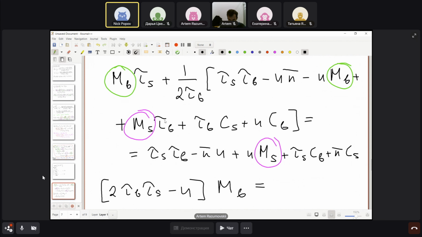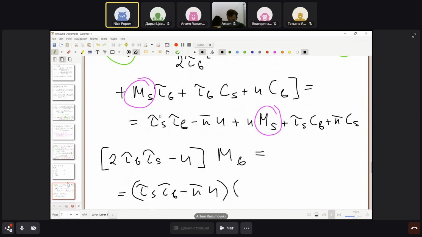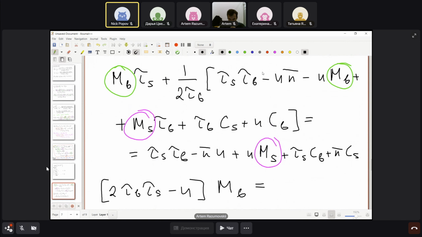How did you get to the left hand side? You multiplied everything by 2 tau b, right? Right. Okay. So that's this.